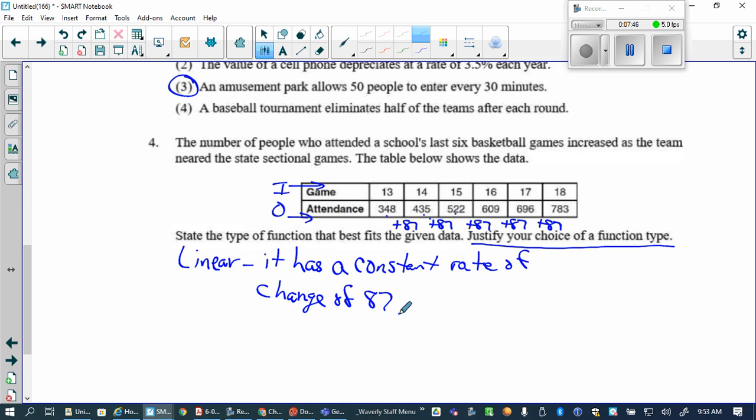You can't just state linear and be done with it, because it said justify. You've got to show where you determined it's 87, and then state it. Okay?